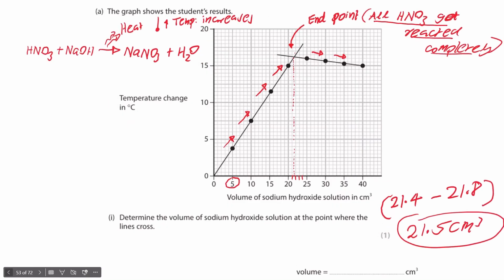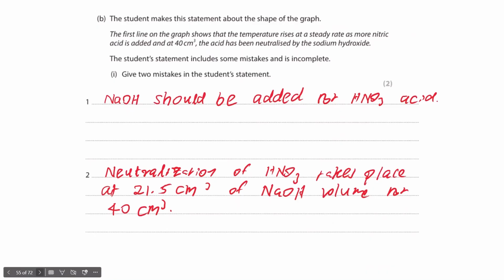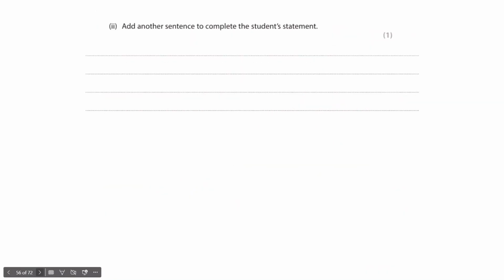Because after this point the reaction is complete, so there is no more reaction to produce heat. Since the room temperature is lower, the temperature drops. It's just like when you make a cup of tea and keep it on the table, it cools down because heat goes out to the environment. Same thing happens here.